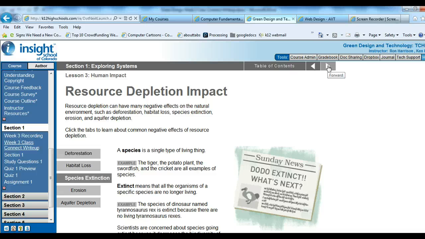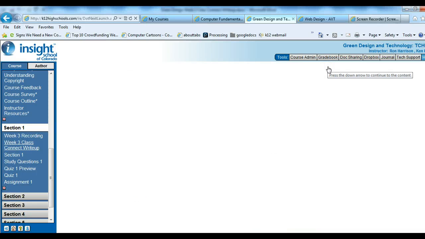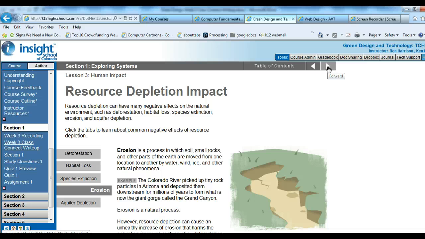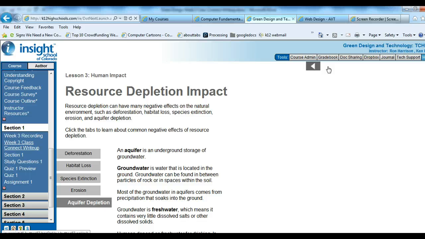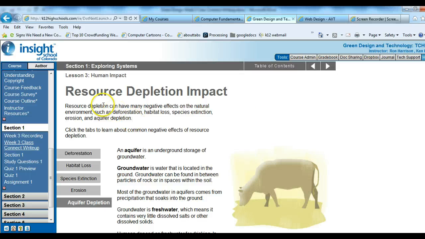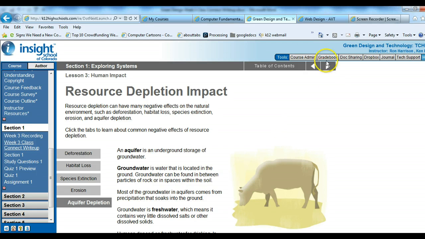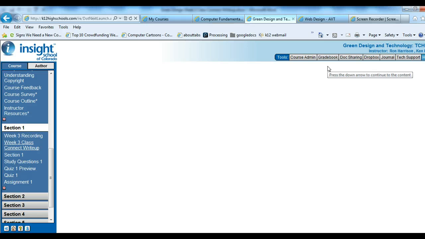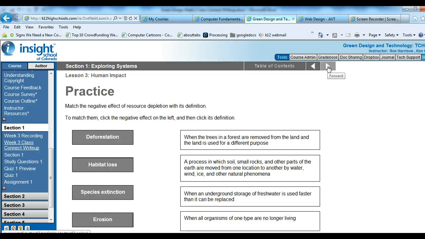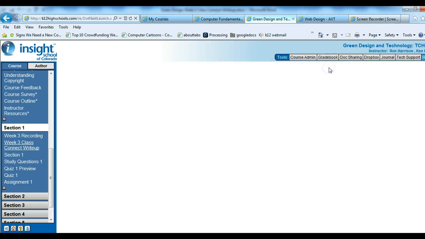So you can bring about species extinction, cause erosion if you don't have trees to stop the water runoff. And then aquifer depletion can be a result of a lot of this. That's where you have less groundwater than we need, less groundwater than gets recharged naturally every year. So here's a practice activity, go through that.